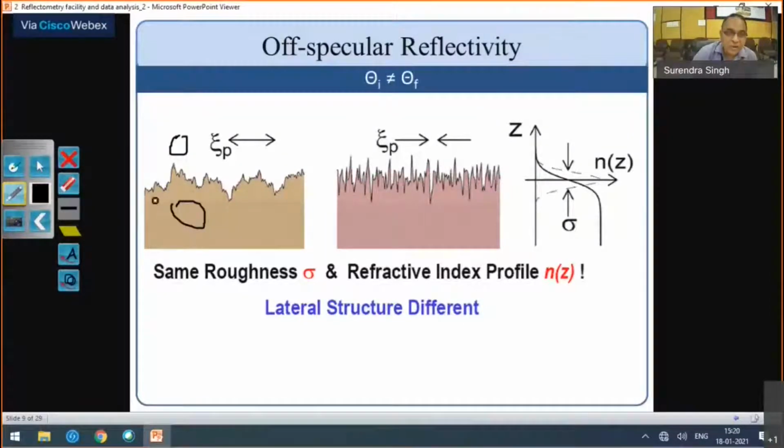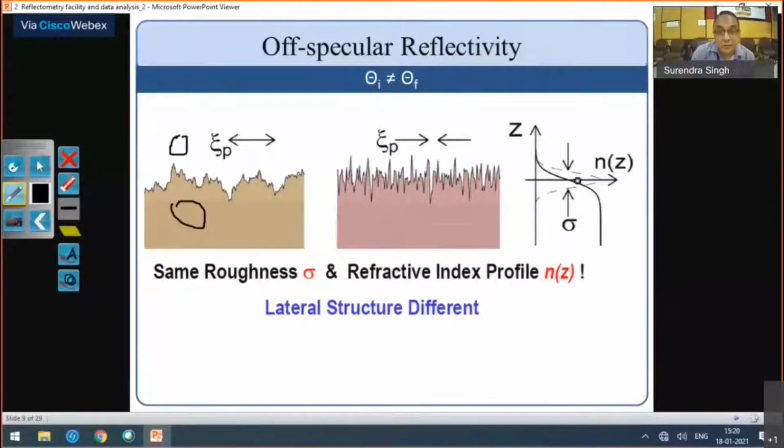Here also same media. But if you see this morphology, height distribution we say, how many times a particular height is coming. Both of them will give the same signal.